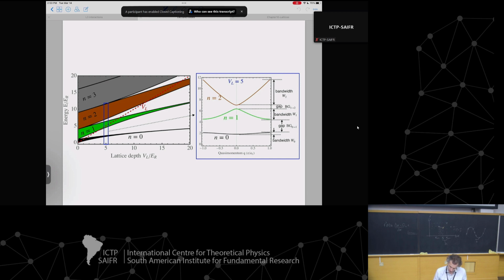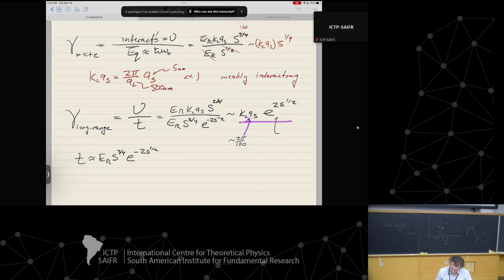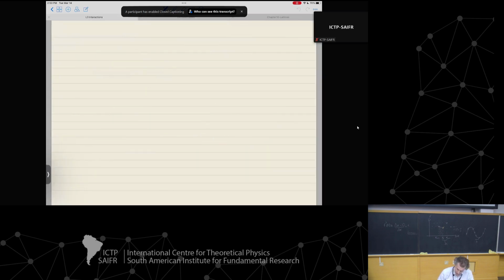All right, so we've talked about how to calculate the interaction. Now let's talk about what kind of particle number is allowed on a single site. For that, we need to think about quantum statistics. What I mean by that is, if I have bosons, and I start with a vacuum, and I want to create a particle on, let's say, site j, then I can do that.